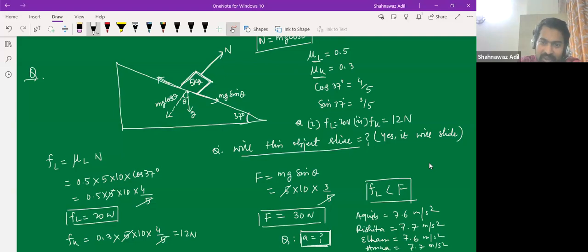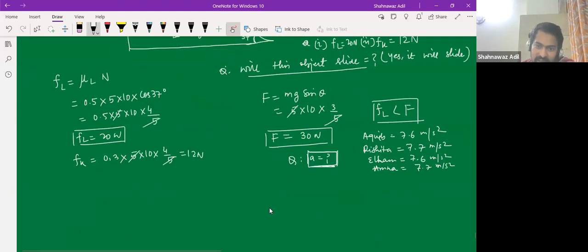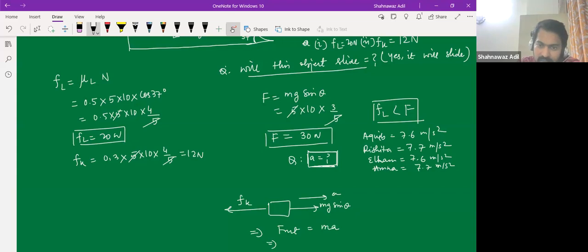Okay, so we know that this is mg sin theta, right? And this is acceleration and this is fk. So f net is ma. So how much was f net?